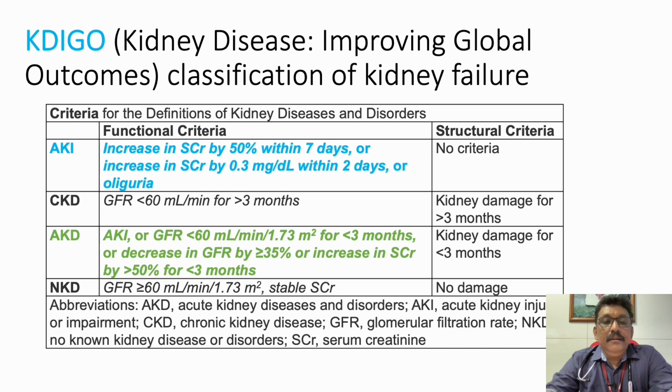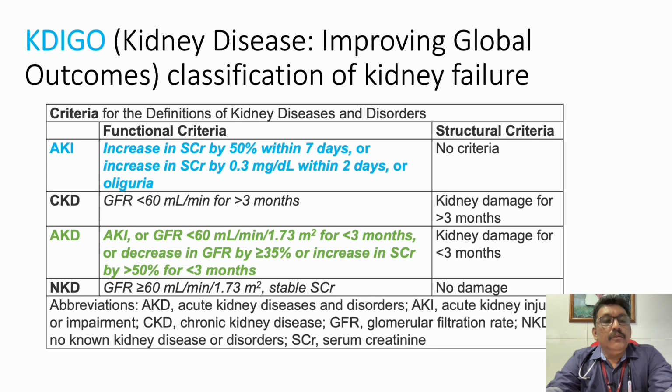So all these are there, but associated kidney damage is less than 3 months. That means ultrasound shows changes in the kidney, corticomedullary differentiation is lost, and the patient can also have other features of kidney failure.